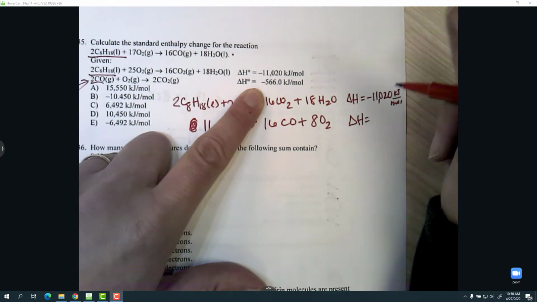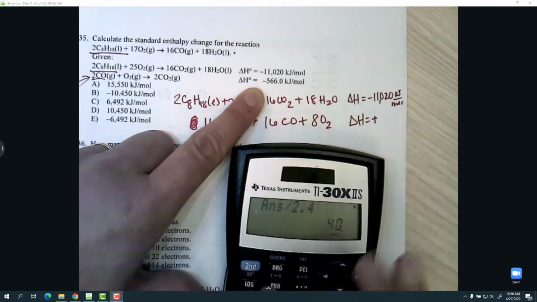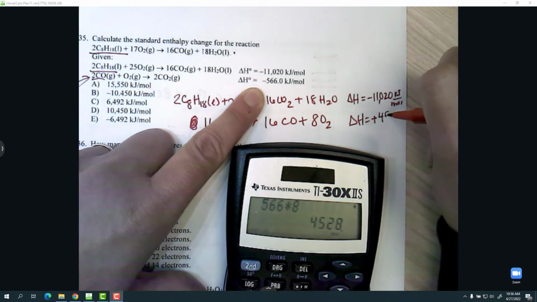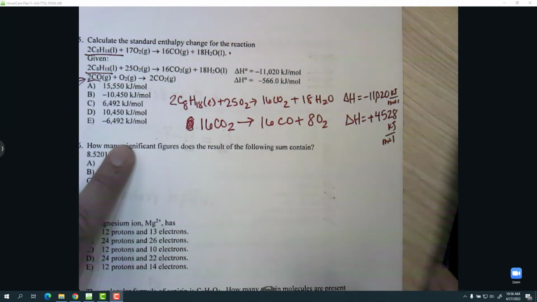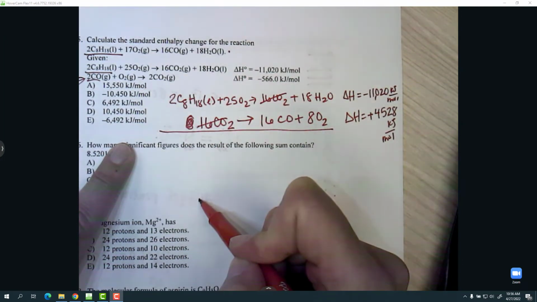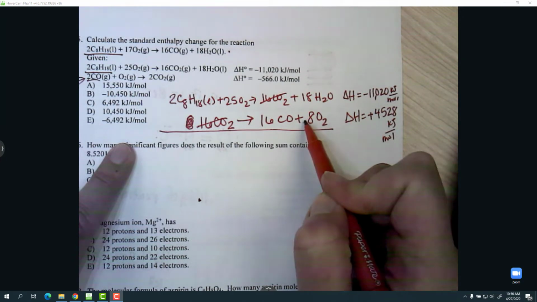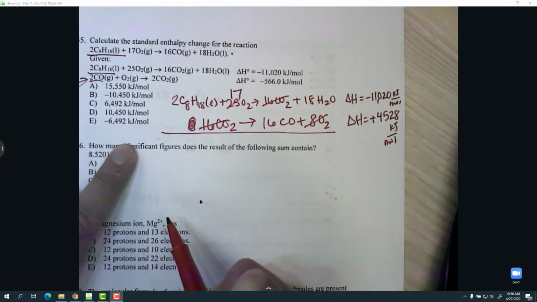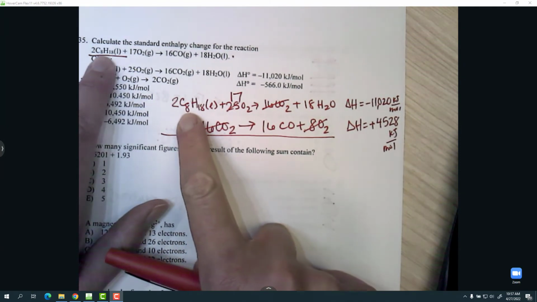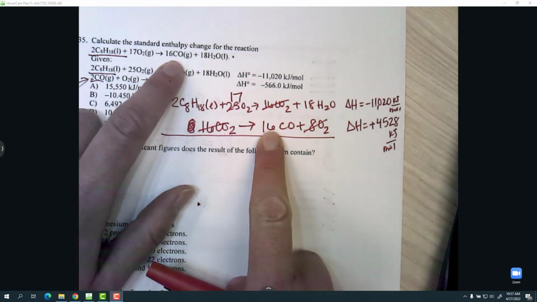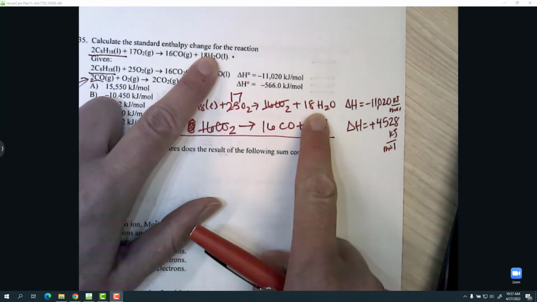Change the sign, this becomes positive, and multiply it by 8. 5, 6, 6 times 8. 4, 5, 2, 8. All right, so does that work? 16 CO2s cancel. I've got 8 oxygen over here and 25 oxygen over here, so 8 of them cancel, which leaves me with 17, which gives me 2 C8H18, 17 oxygen, 16 carbon monoxide, and 18 water.